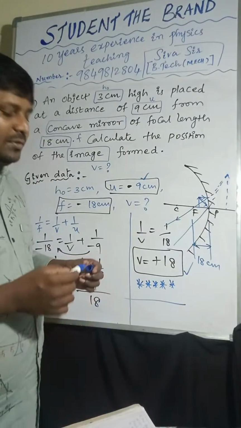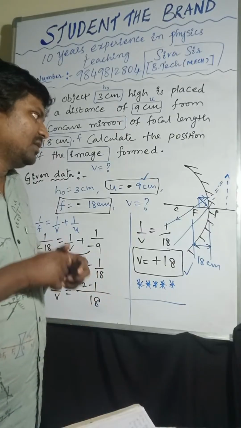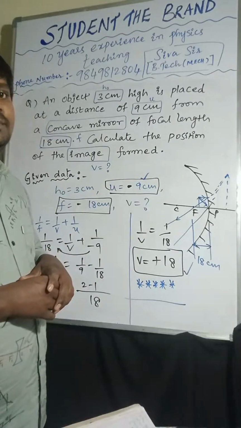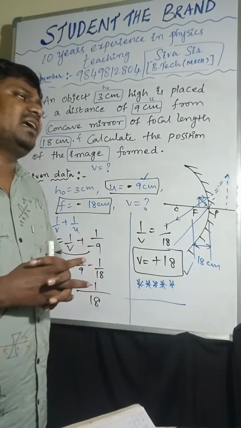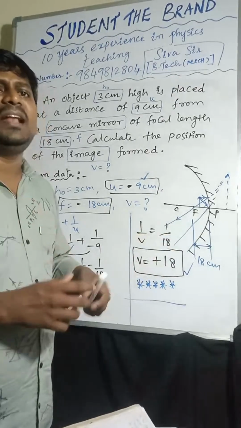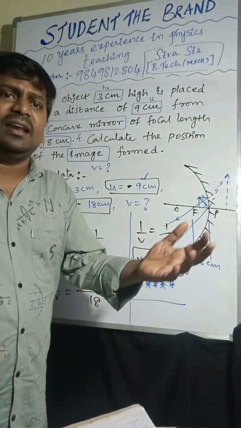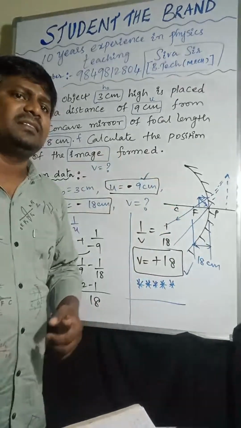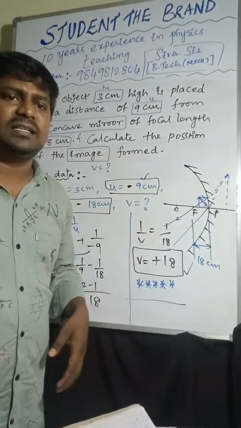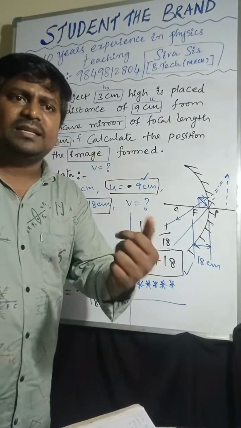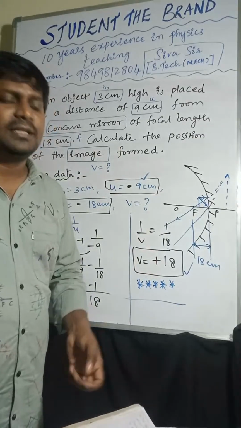V is positive only. Why is V positive? According to the new Cartesian sign convention, all distances are measured from the pole.